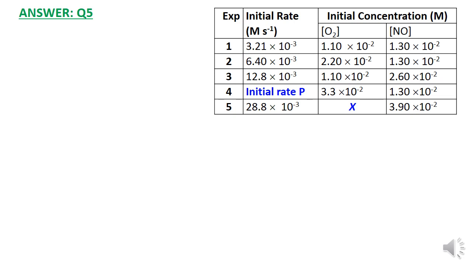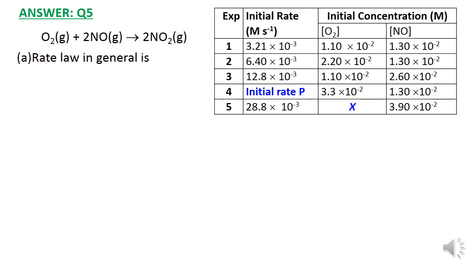For question number 5, to get the rate law in general, you observe the chemical equation. You see that the reactants are oxygen and nitrogen monoxide. So rate is proportional to the concentrations of oxygen and nitrogen monoxide, the reactants.